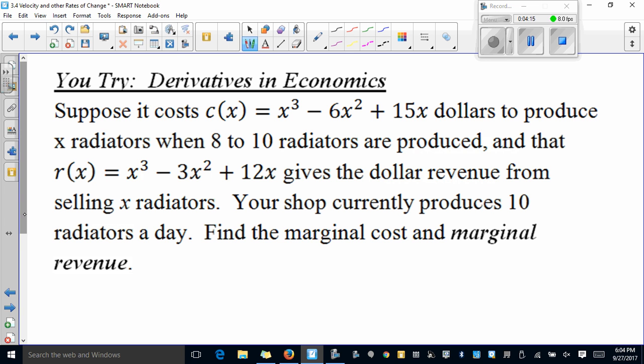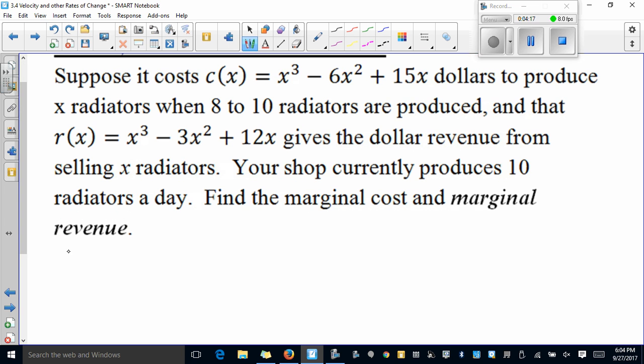Okay, so C prime of x is going to be 3x squared minus 12x plus 15. Now this is just our function, and then R prime of x would be 3x squared minus 6x plus 12.